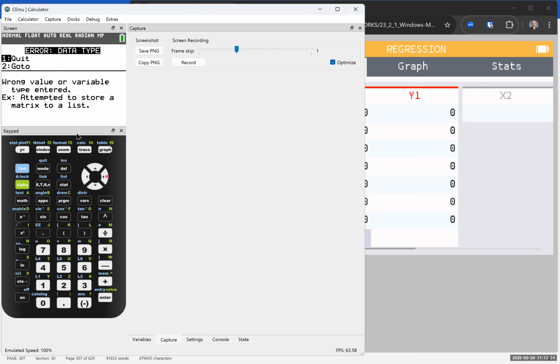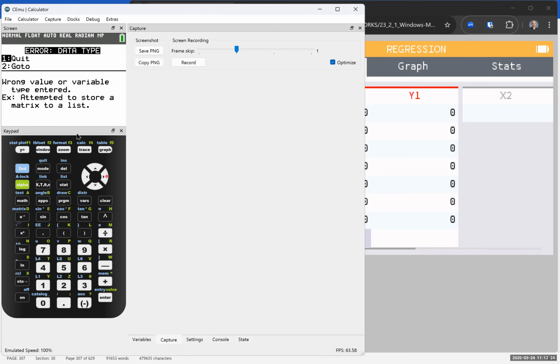Wrong value or variable type entered. Attempted to store a matrix to a list. Okay. Well, I was hoping that was going to work. And it didn't.